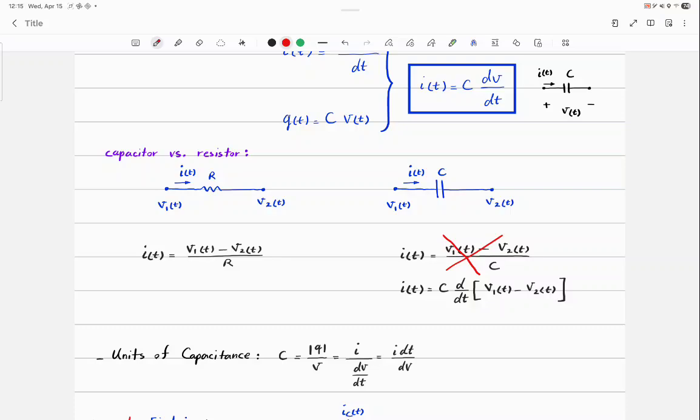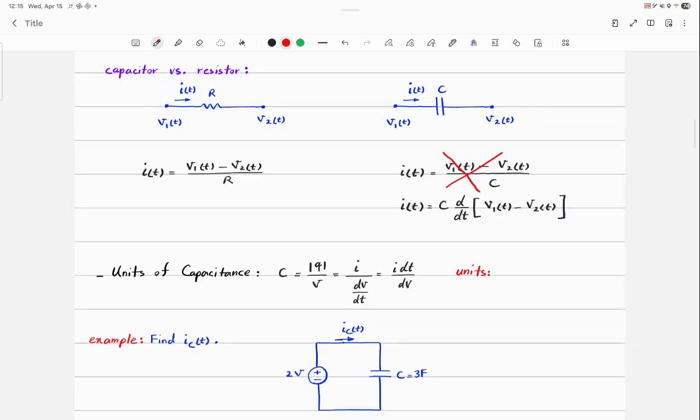Now let's talk units. Do you know what's the SI unit of capacitor? No, the SI one. Oh, farads. Farads, okay? And farads is equivalent to what?